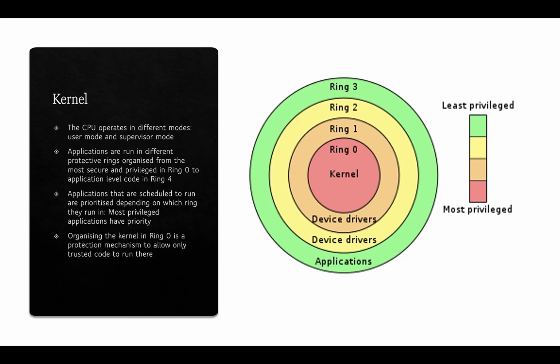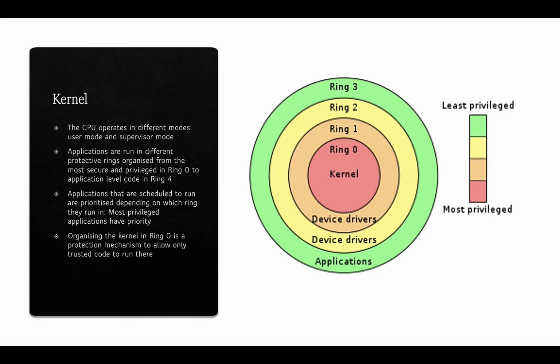Applications are then run in different protection rings organized from the most secure and privileged in ring 0 to application level code in ring 3. Applications that are scheduled to run are prioritized depending on which ring they run in. Most privileged applications have priority.